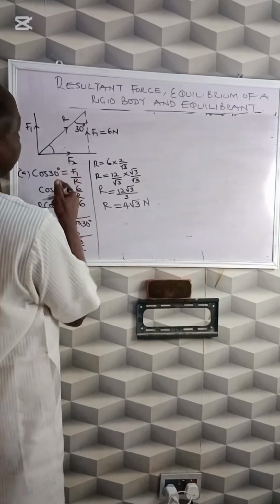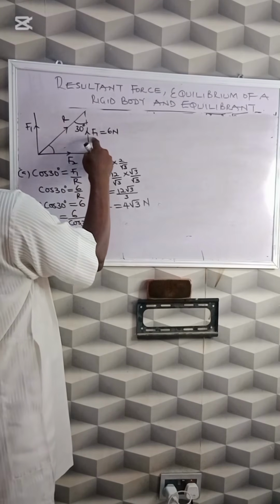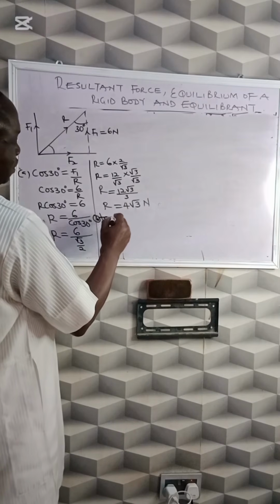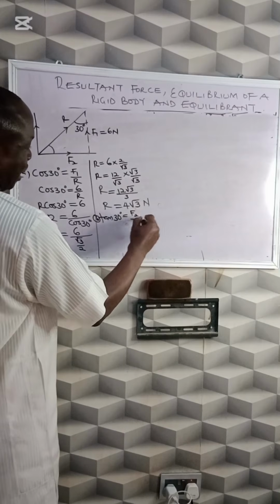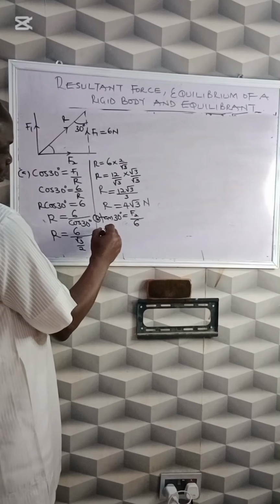So we have to find F2. F2, you can say this is opposite over adjacent. That is tan. That is part B of the question. Tan 30 degrees is opposite over adjacent. Opposite is F2, adjacent is 6. Multiply by 6.